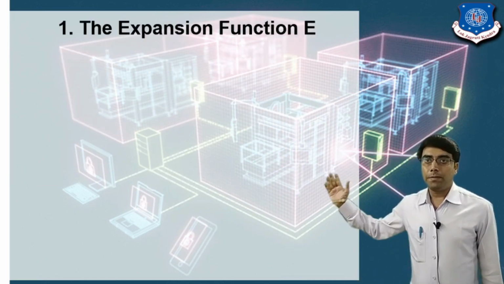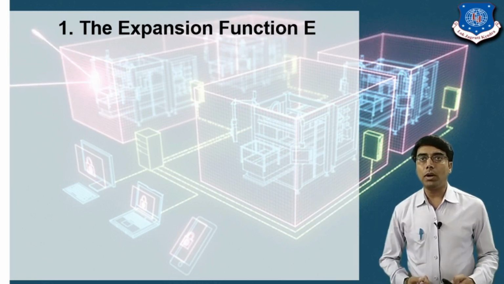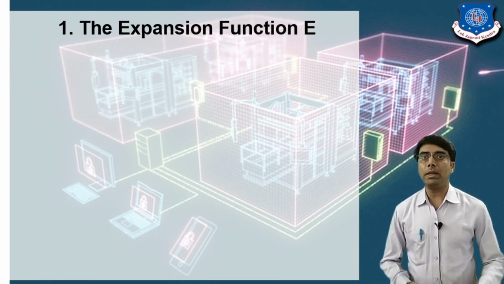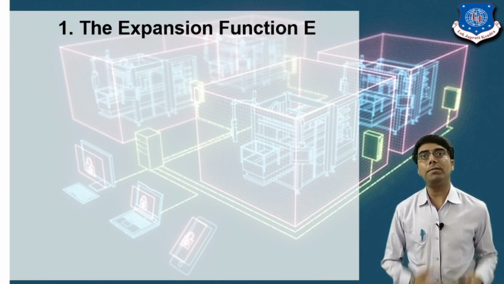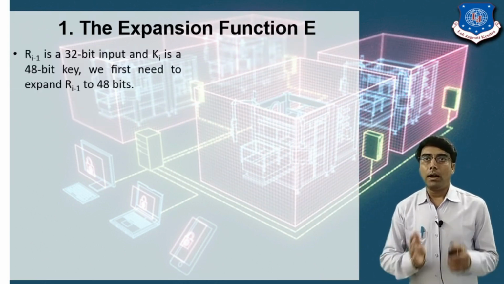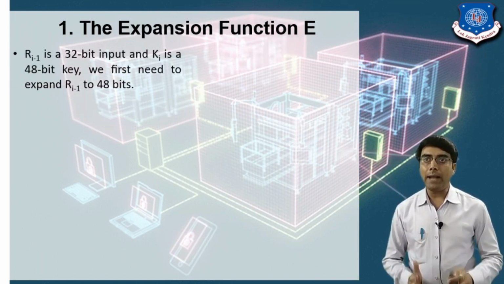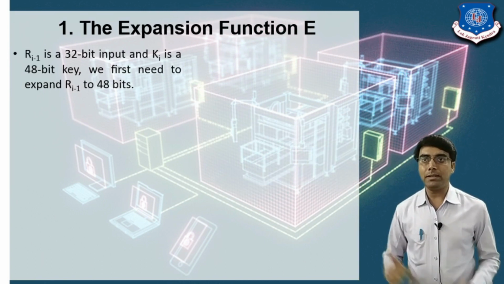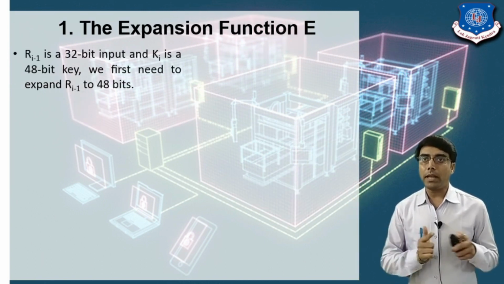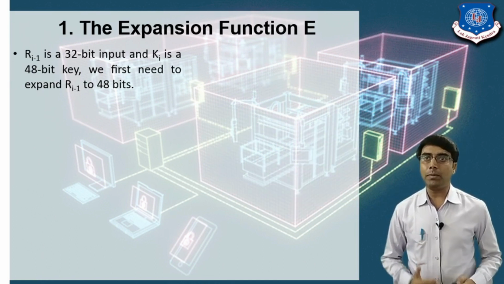Now, the first is the expansion function E. What type of operation is carried out in the expansion function E? So let's see. I already discussed Ri minus 1. It means the right plain text, and its size is 32-bit. That is the input, and Ki is a 48-bit key.